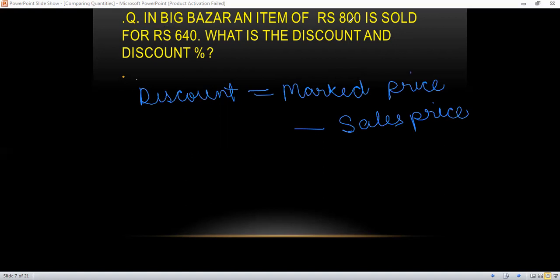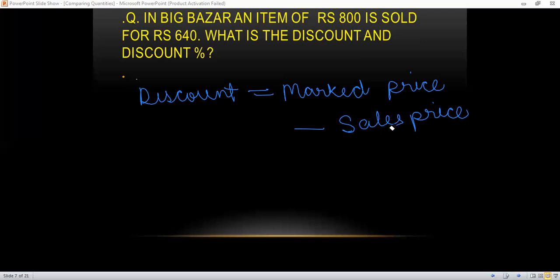So how are we going to find the value? What is the question? In Big Bazaar, the price of the item is rupees 800, but it has been sold for rupees 640. What is the discount and discount percentage? So what discount has Big Bazaar given to the customer?